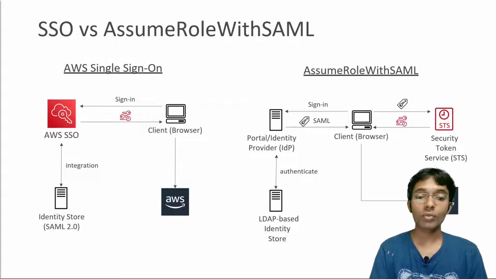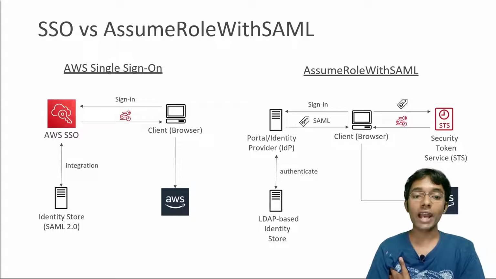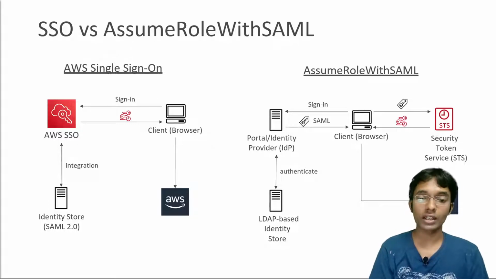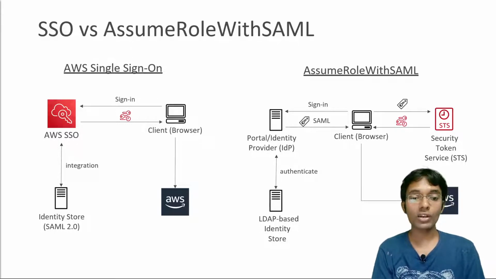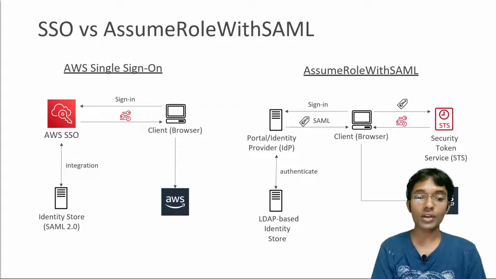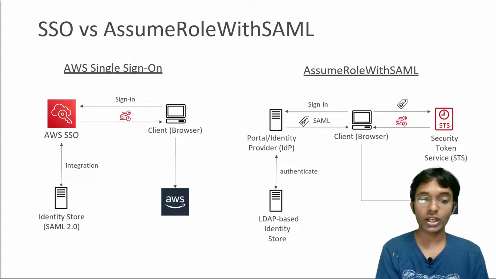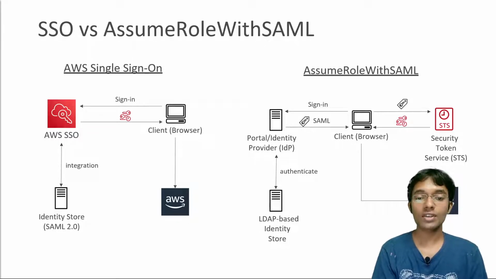In comparison, when you have assume role with SAML, the client has to perform its own login against your own identity provider, your IDP. So this is something you have to set up in place first. Then you get SAML assertions back from your identity provider, and then you trade the SAML assertion with the STS service to get temporary credentials, and then finally you can access AWS.